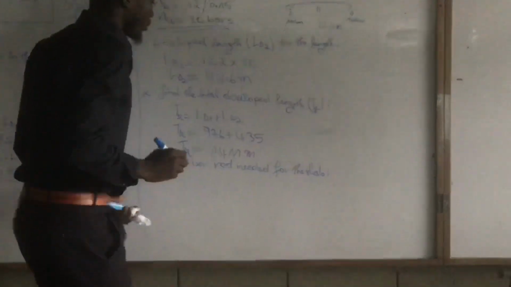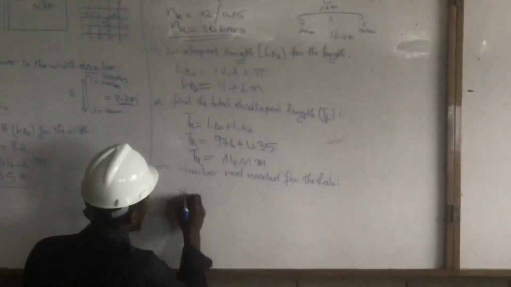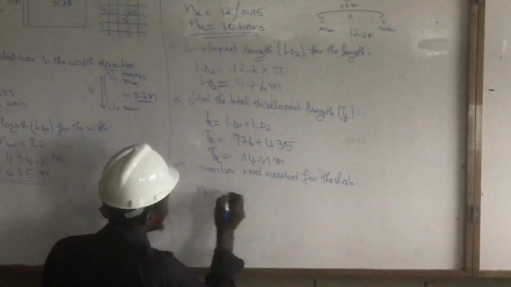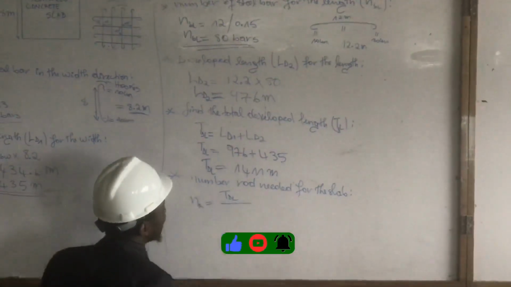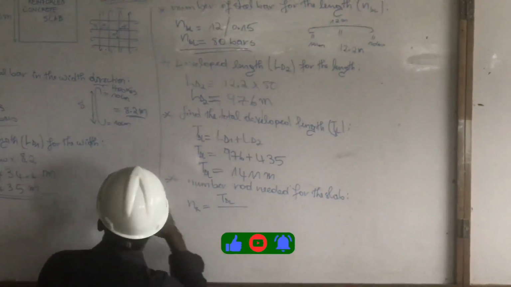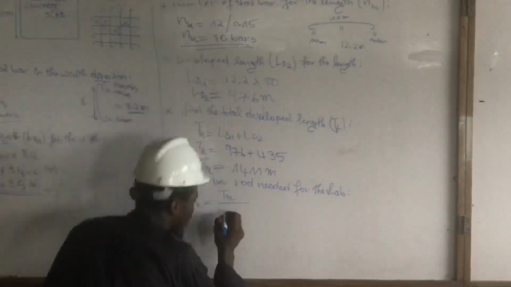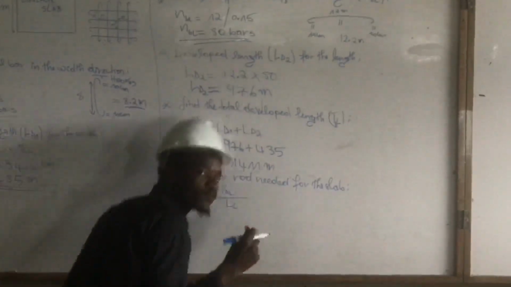To have it, we will use the total developed length. The number of rod, NR, is equal to the total developed length of the rod divided by the commercial length, LC, the commercial length of one rod. In Cameroon it is 12 meter.